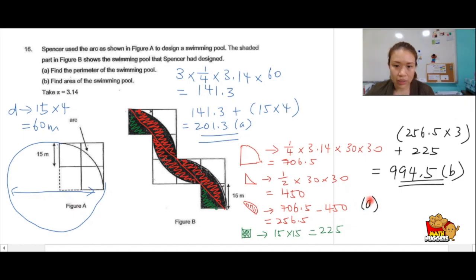Part A would be 201.3 centimeters, not centimeters, that's per meter. And for part B will be 994.5 square meters.